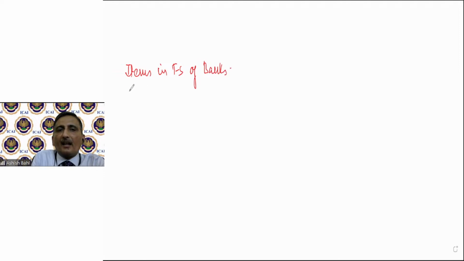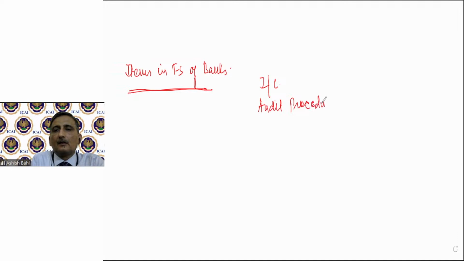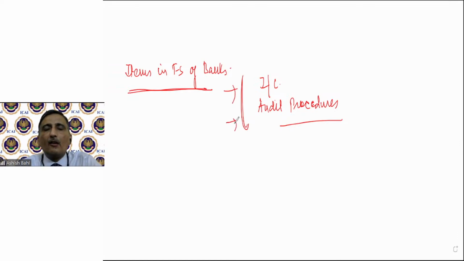So this chapter is all about internal controls and audit procedures which relate to verification of various items appearing in financial statements of a bank. Like on the asset side, what are the main items in the balance sheet of a bank?